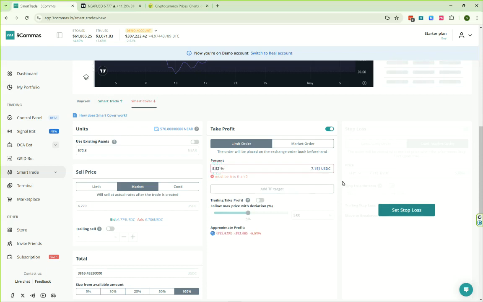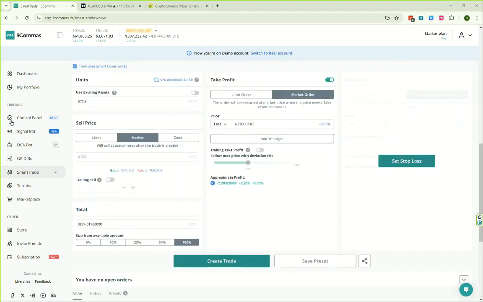That's fine, that works. Now it says percent. Okay, so right here we're going to do 5.524, which was one of the numbers we got off there.